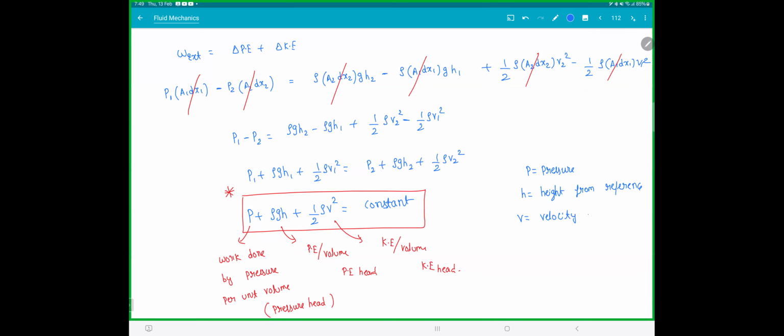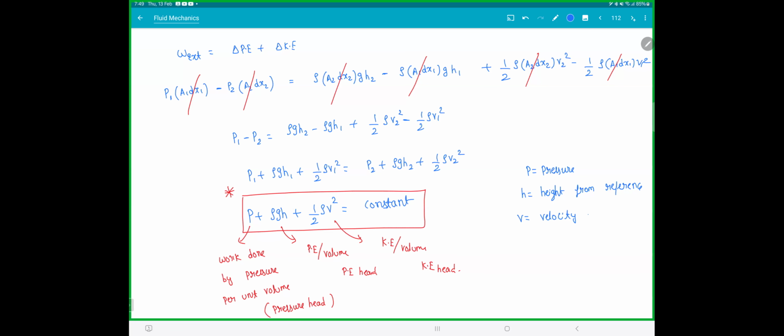Have a look at this. Clear, everyone? Now this Bernoulli equation, right?